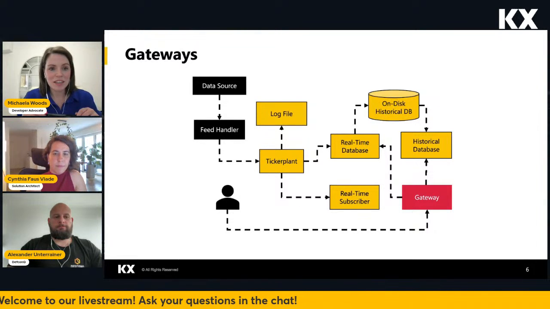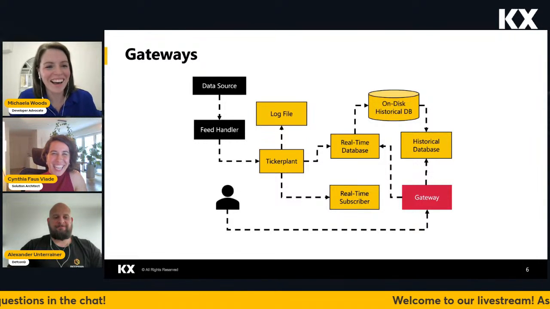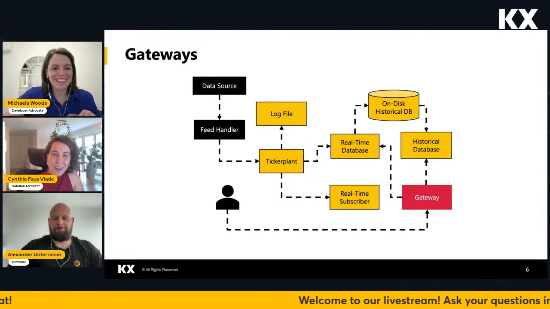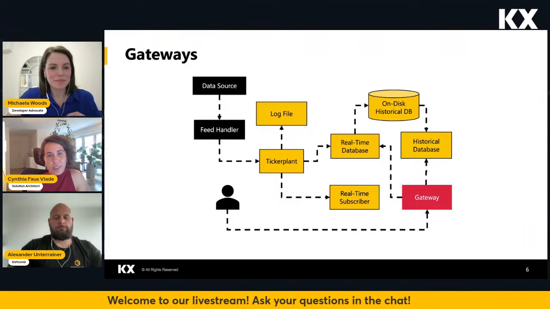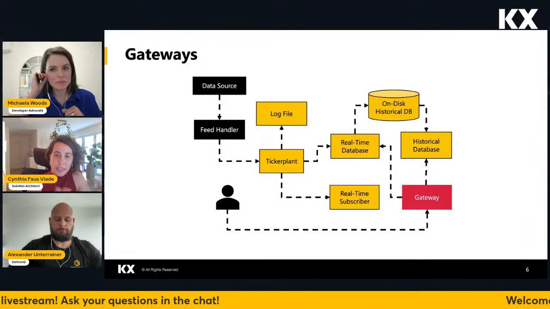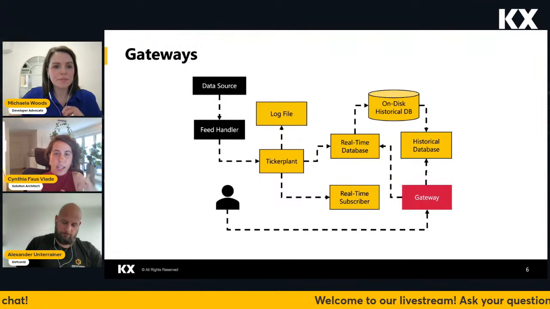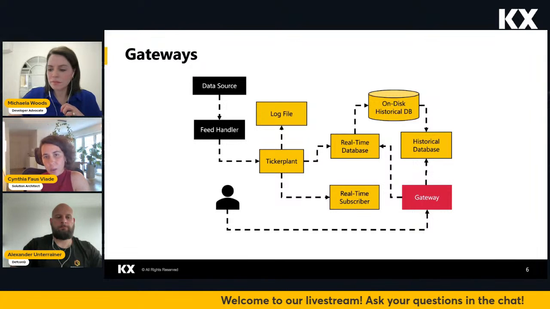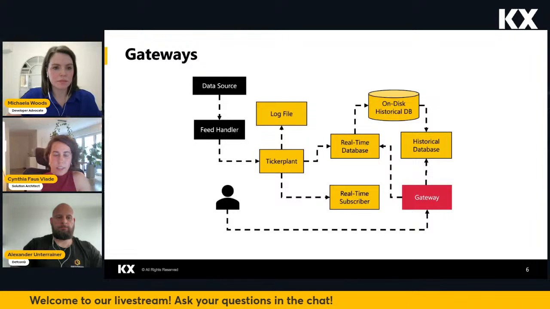Anything from you, Cynthia, to add? You stole the caching point that I wanted to bring up. But I think also looking at how to scale, as you add more users into the application, sometimes you may see that this gateway becomes the bottleneck because it needs to handle a lot of requests. So look at how you're dealing with those queries and what is synchronous and what is asynchronous.